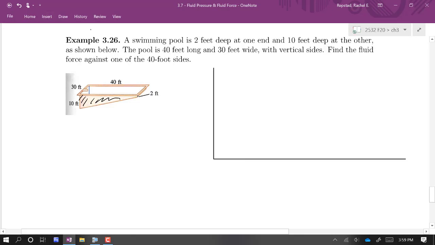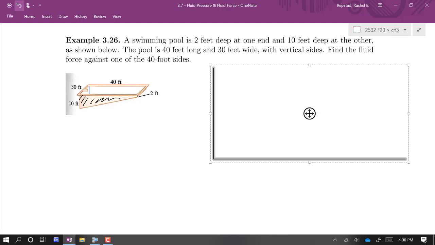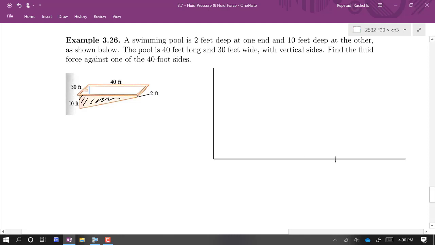by just drawing out the region kind of bigger. So it's 10 feet deep at one end, 2 feet deep at the other. The way I've started to draw it, I'm going to place the origin right down here at this bottom corner of the pool.